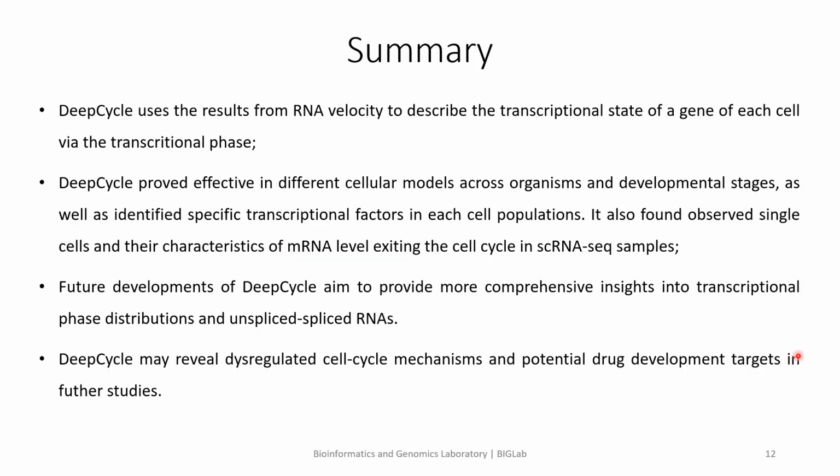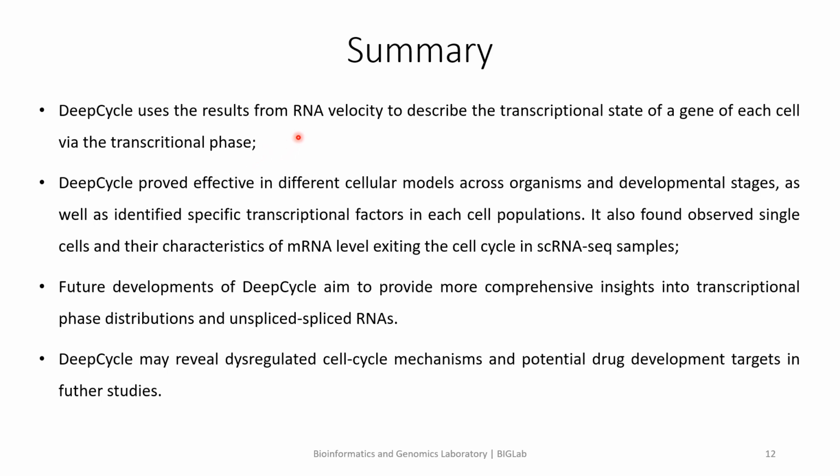In summary, the authors developed a deep learning method called DeepCycle, which uses the results from RNA velocity to describe the transcriptional state of a gene in each cell via an angle called the transcriptional phase.